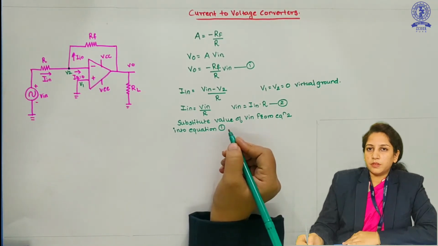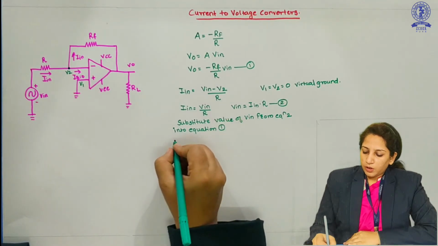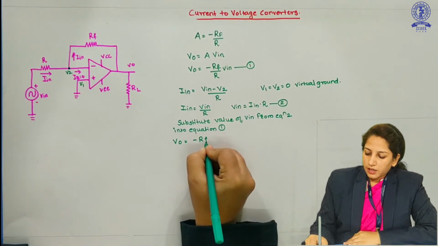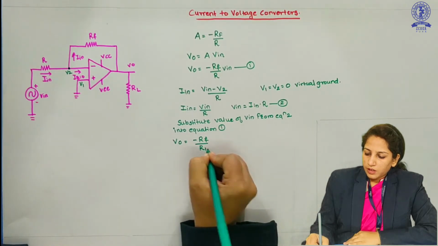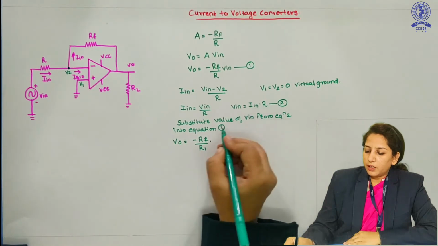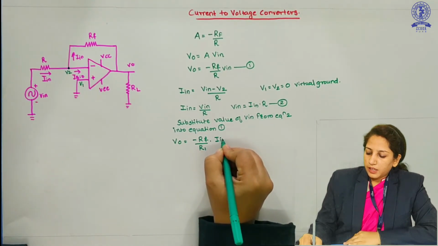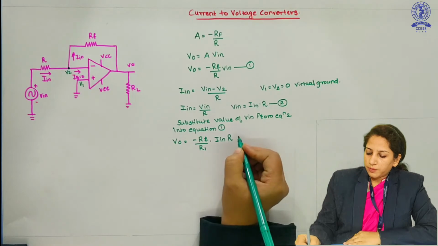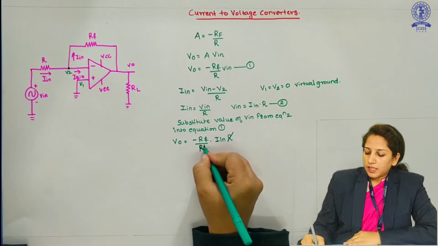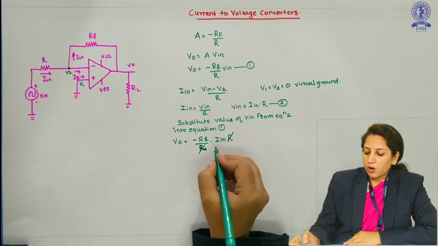After substituting this value, I will get V0 is equal to minus RF upon R into V in, whose value is I in into R. This is R only, this is not R1, this is R. Now these are the same resistances, so they get cancelled.